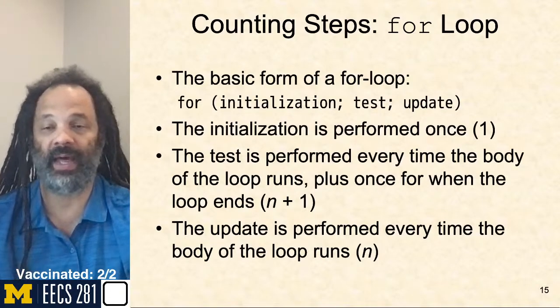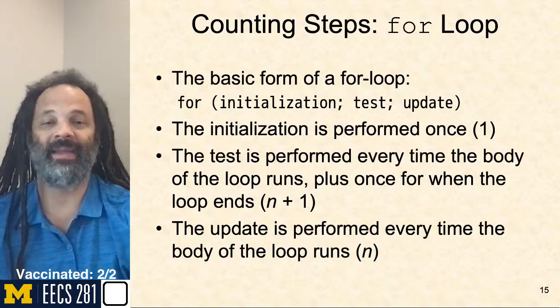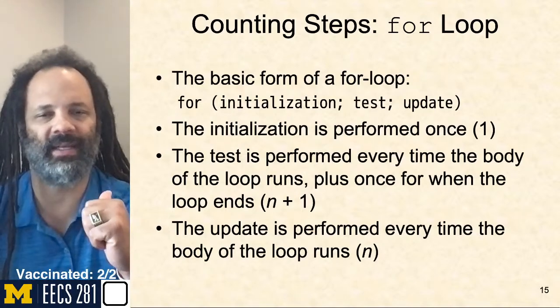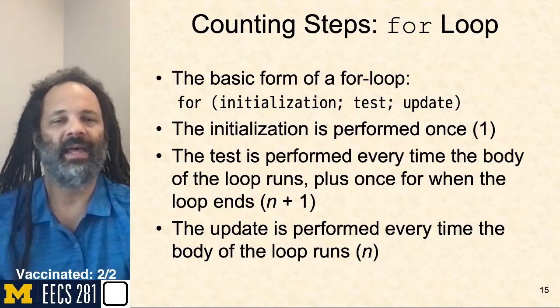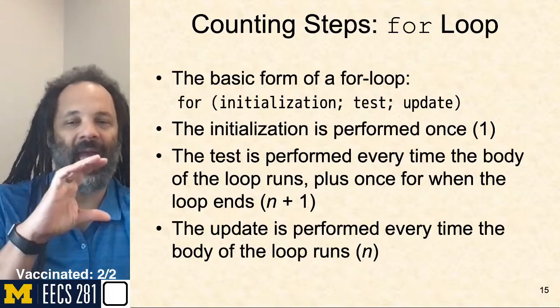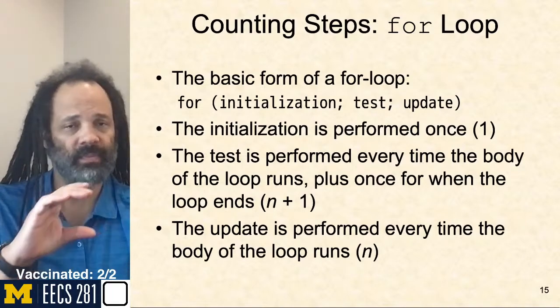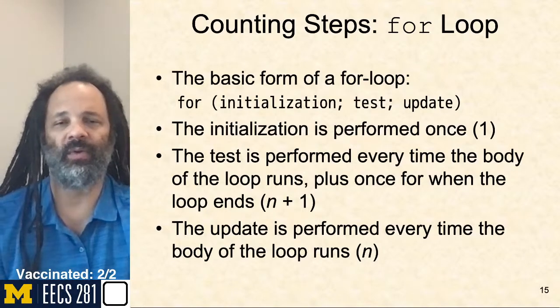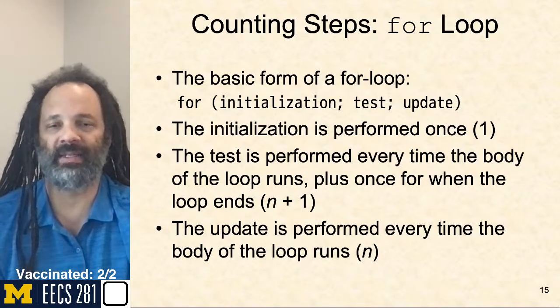But we're still not done. We've got to make that test one last time, and that's when it fails. And that's what gets us out of the loop. So we'll say that the initialization gets performed once, the test gets performed n+1 times, and then the update gets performed n times.